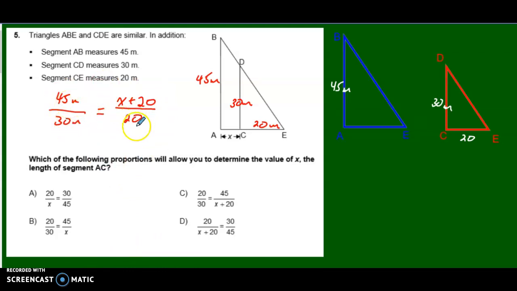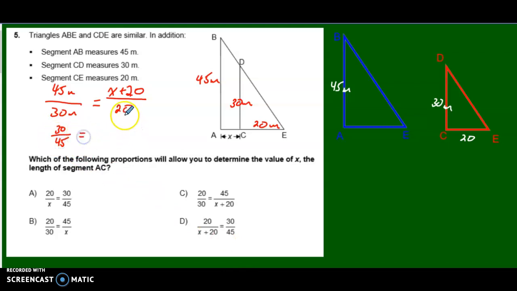We can also flip these. We could put the little ones on top and the big ones on the bottom, and it'll still be the same proportion. So let's see which choice has this: 45 over 30. If I flip it, small height over big height equals small base over big base.